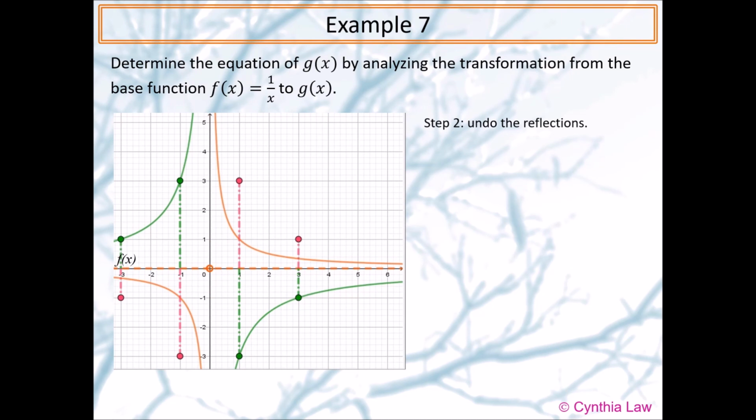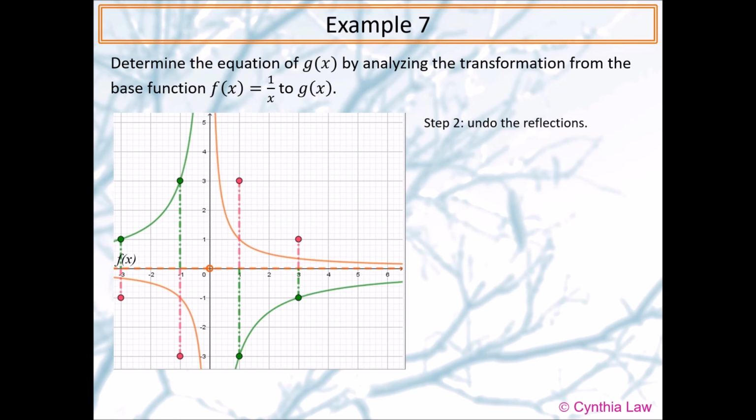So if I look at the reflection as a reflection in the x-axis, then that's how I get my new points. I reflect them vertically to get a new intermediate graph.